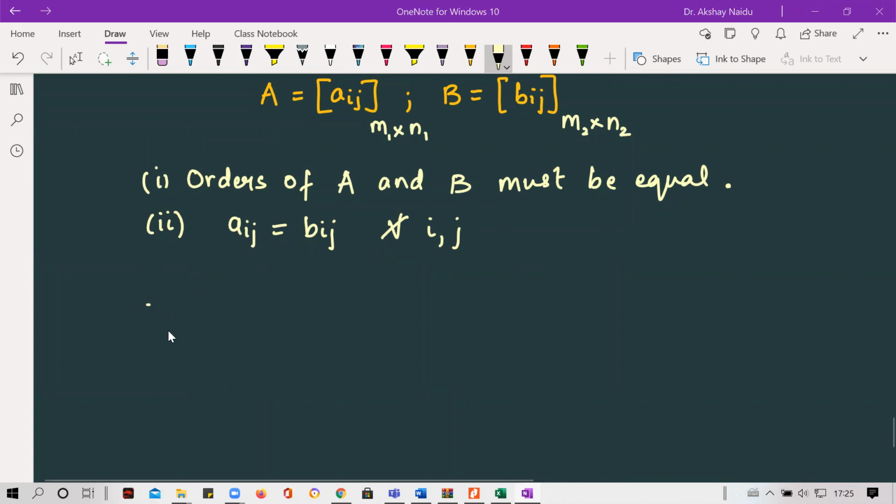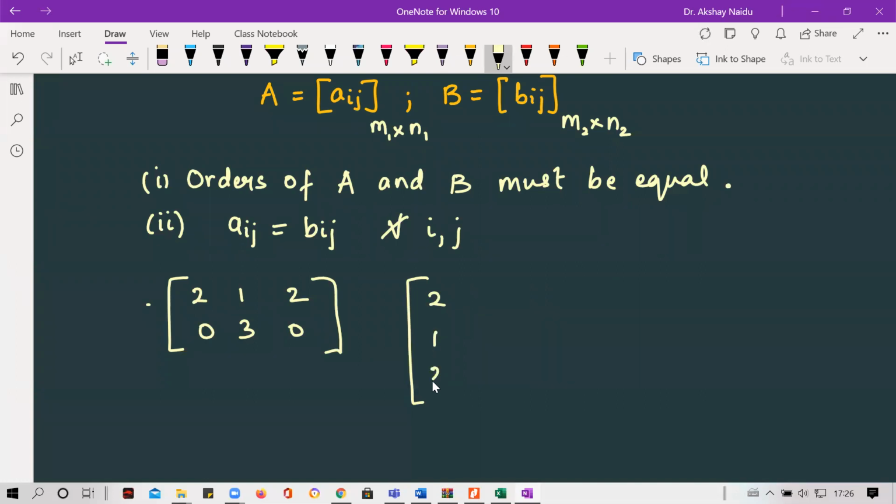Now just look at this. This is 2 1 2, 0 3 0. This is 2 1 2 0 3 0.